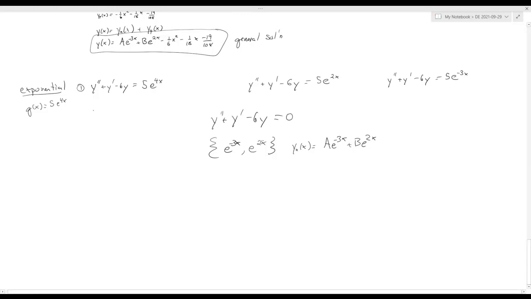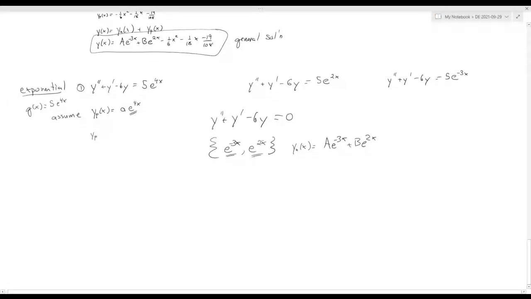So what we assume is that a particular solution here is going to be some multiple of that simple exponential. The thing to notice is that e to the 4x is linearly independent of everything in the fundamental solution set. You cannot combine those. So we're good to go. We have assumed a good form for our particular solution.